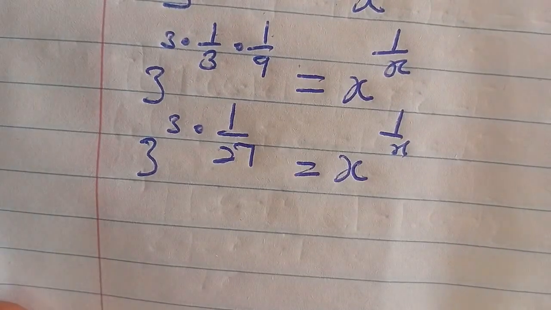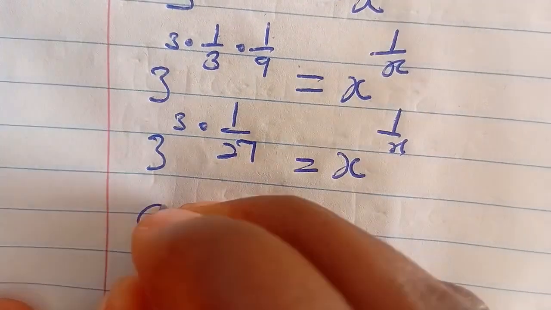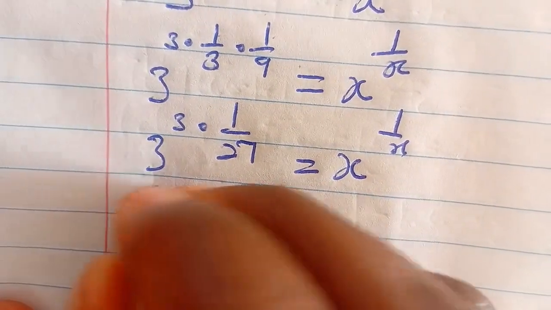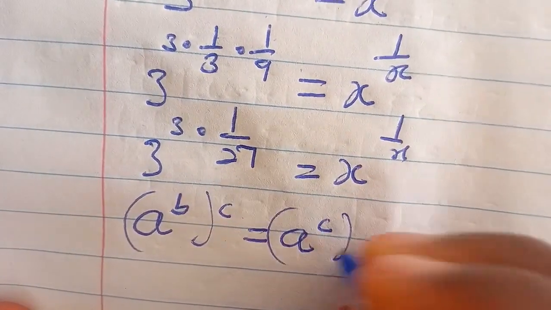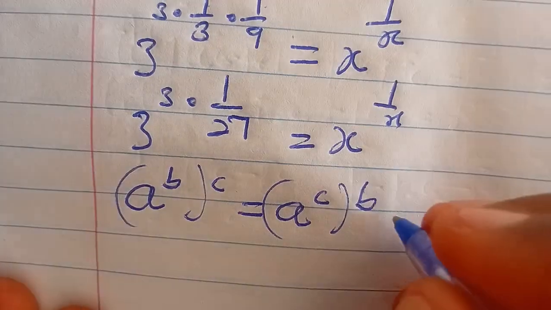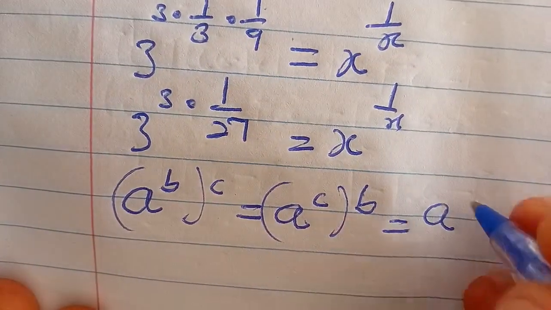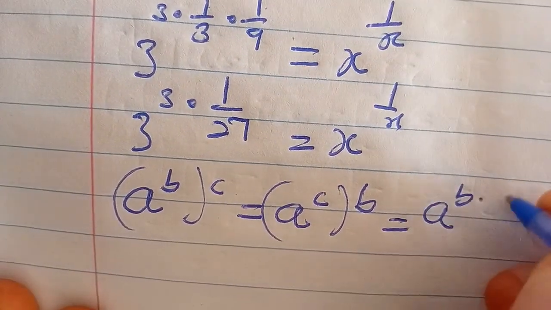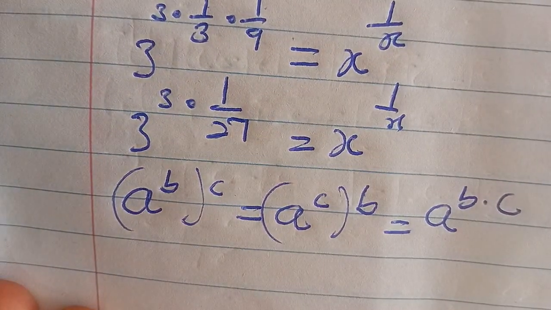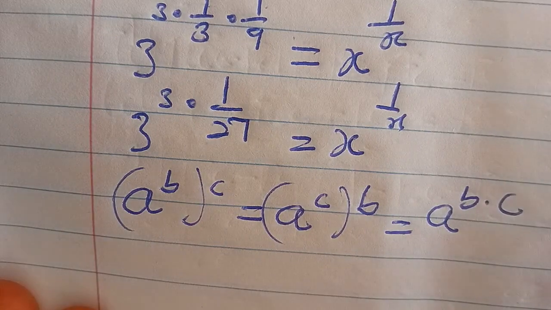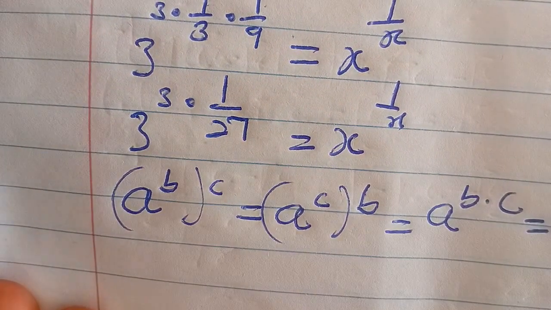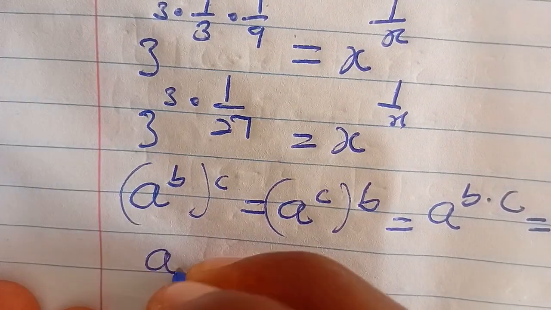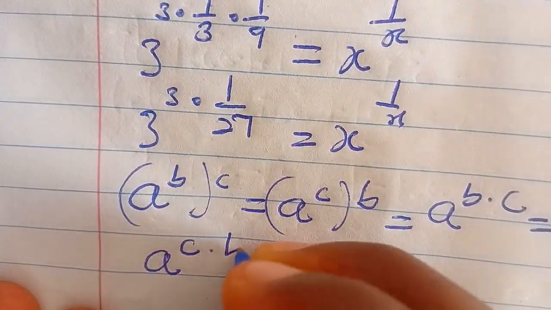Now let's introduce a rule of indices. If you have a exponent b multiplying c, this is the same as a exponent c multiplying b, that is, a exponent b multiplying c, or a exponent c multiplying b.